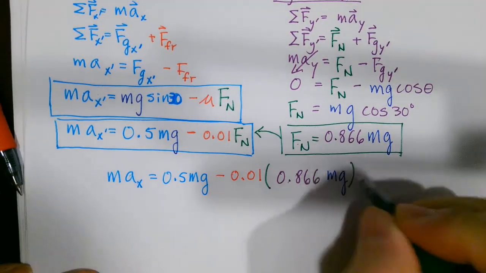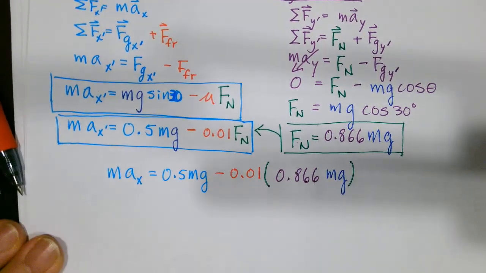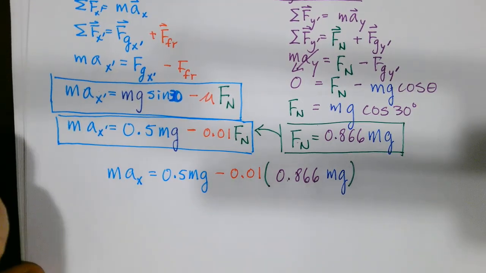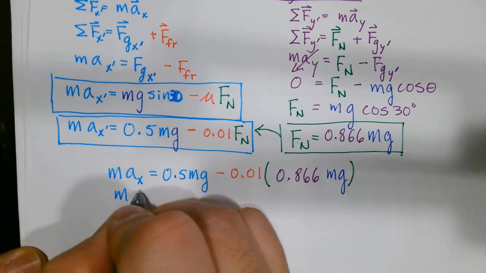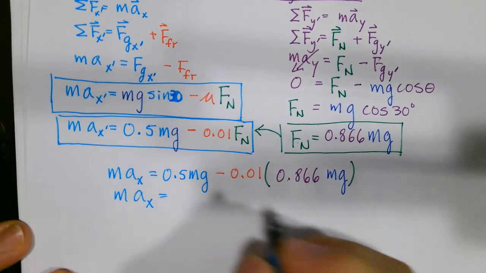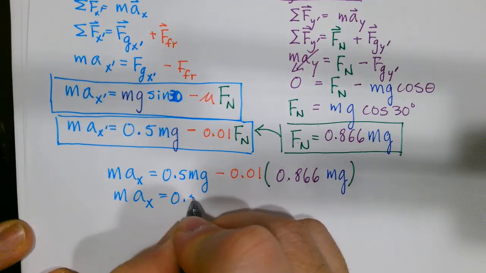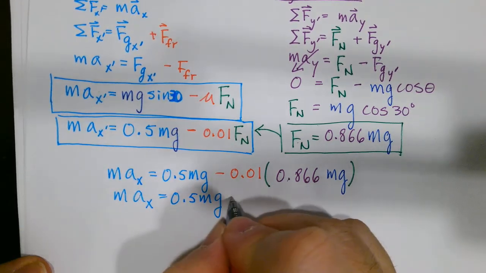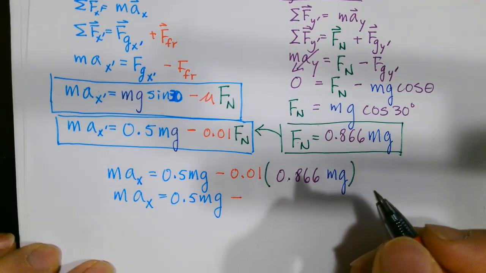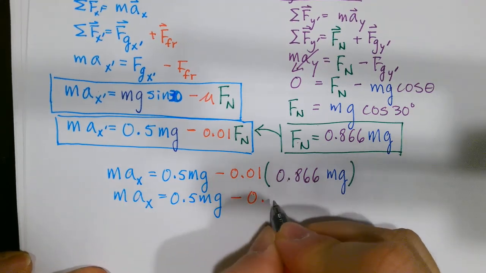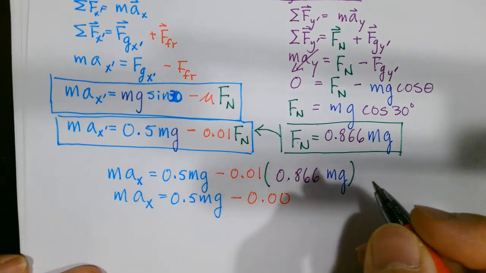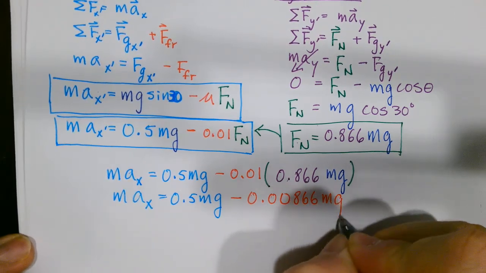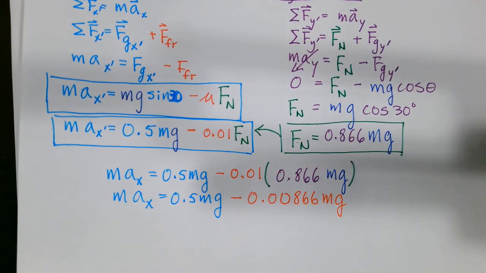So that's my F normal right there. So if I distribute this through, I have m a_x is equal to 0.5 mg minus 0.00866 mg.